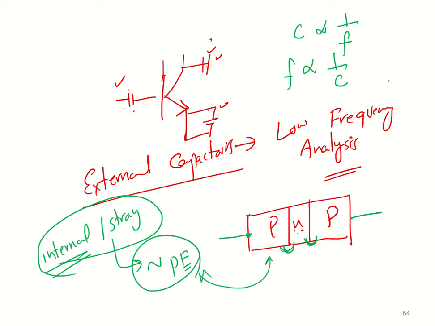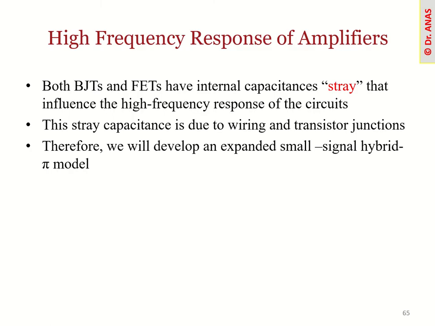So when the capacitor value is very small, for example in the picofarad range, the frequency will be very high. Because of this, this analysis is called the high frequency response of the amplifier, or high frequency spectrum analysis of the amplifiers.